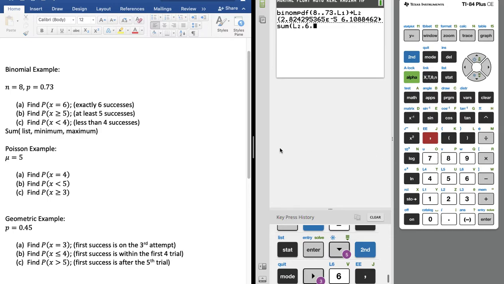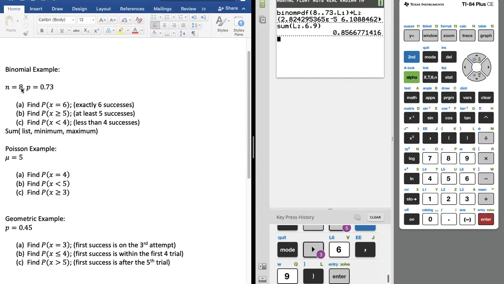And then on the top, I'm going to go all the way up to, so this is above more than 5. So my highest x value, and the most successes that we can have, is 8. So that's on row 9, close parentheses. And so when you hit enter, you get a probability of around 85.7%.